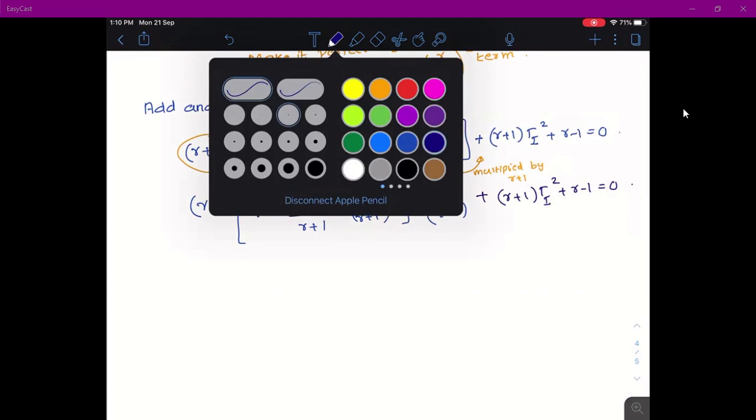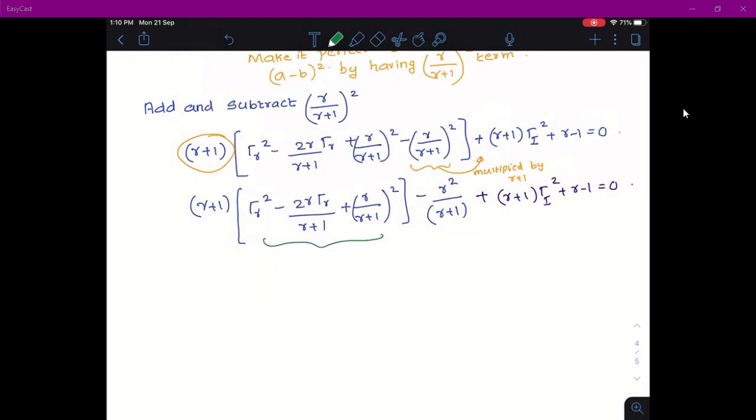So this is basically tau r minus r by r plus 1 whole square.